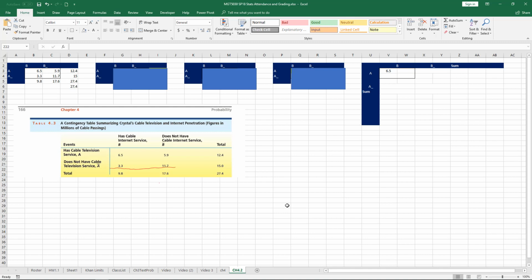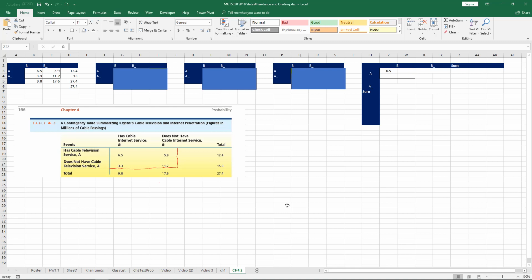So I draw in some lines and say, okay, here are our four quadrants. We have two variables, each with two equally complementary states: a customer either has television or doesn't, and either has internet service or doesn't. We're looking at the four combinations.